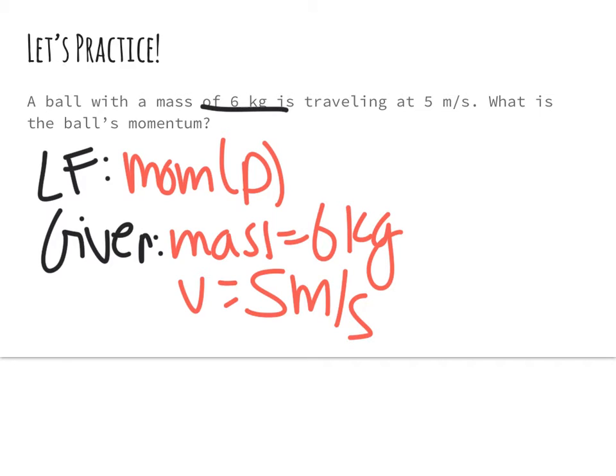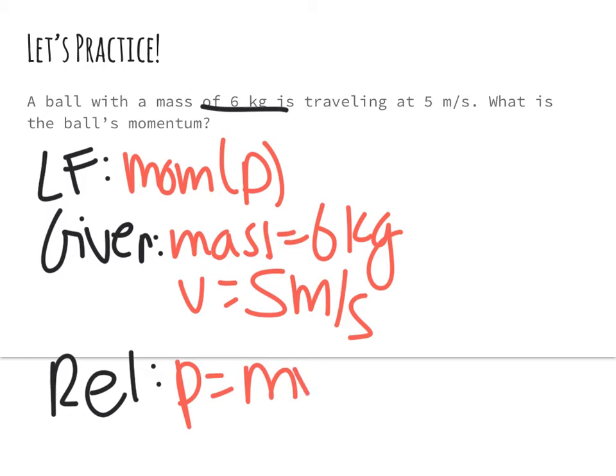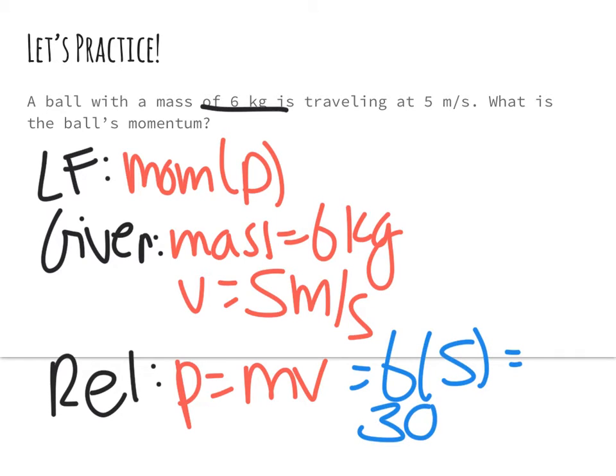What is the equation we're going to use, or our relationship? That's p equals mv. So let's multiply 6 times 5. That's going to give me 30 kilogram meters per second. Don't forget those units, those are super important.